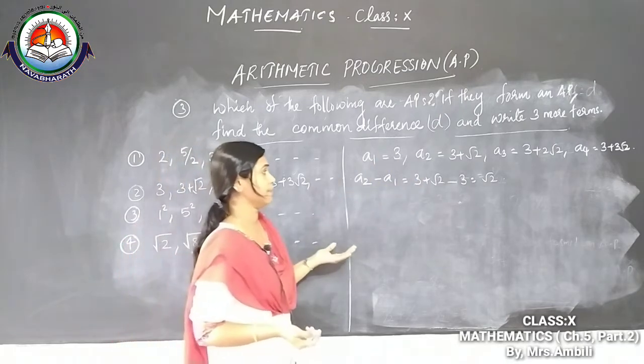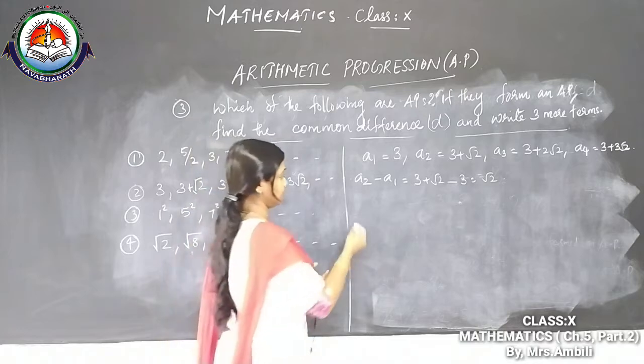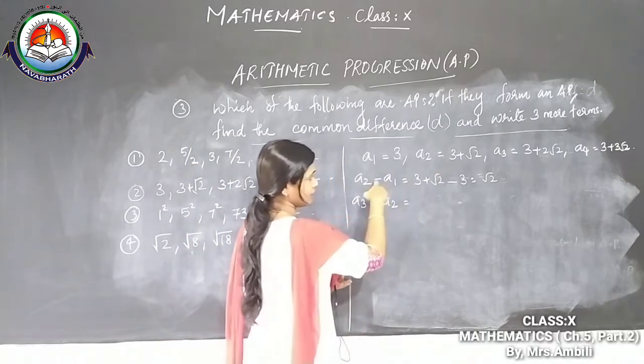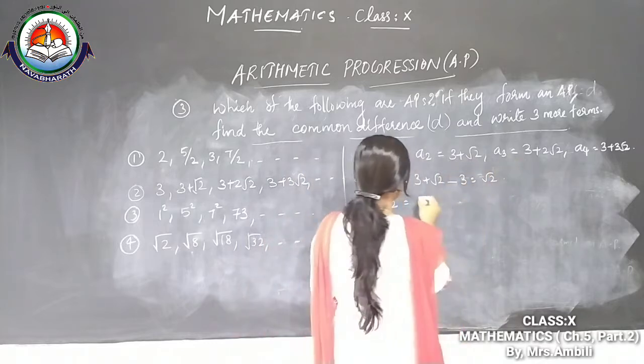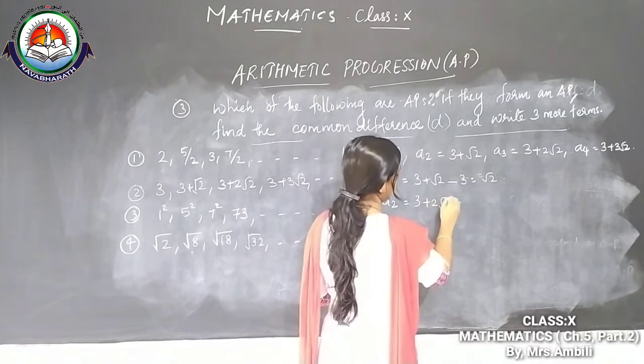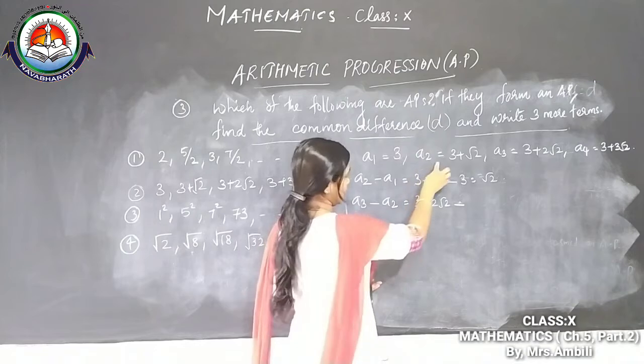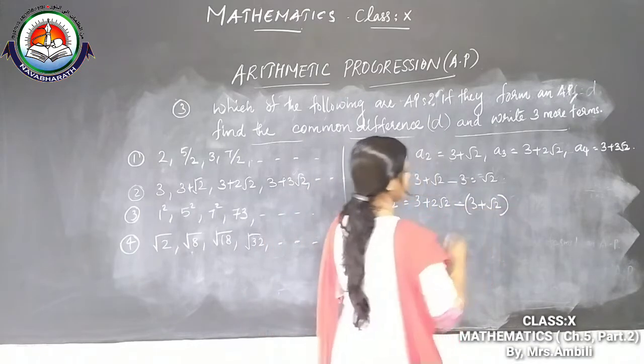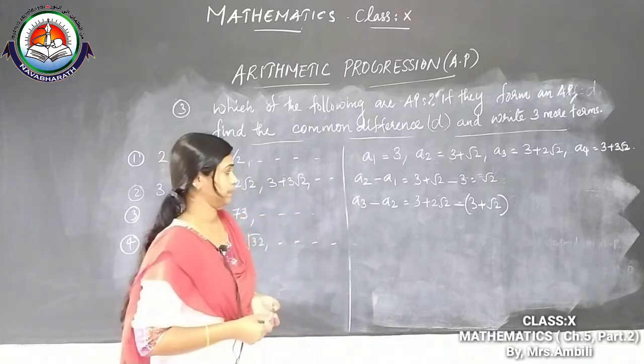What is next step? A3 minus A2. What is A3 minus A2? This is A3, 3 plus 2 root 2, minus A2, 3 plus root 2. Bracket is necessary.